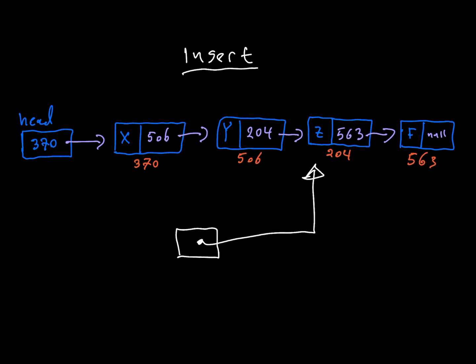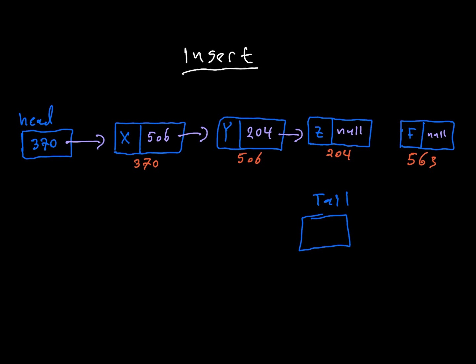But another scenario is, let's say instead of this was initially pointed to null, we were smart, and ahead of time we created a pointer to the tail of our linked list. So every time we added a node, we would update our tail. But we knew that our last node was at address 204.